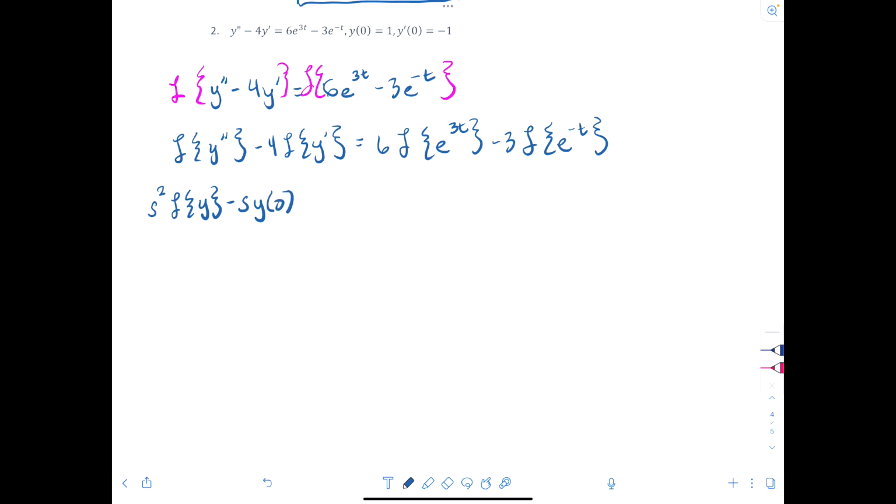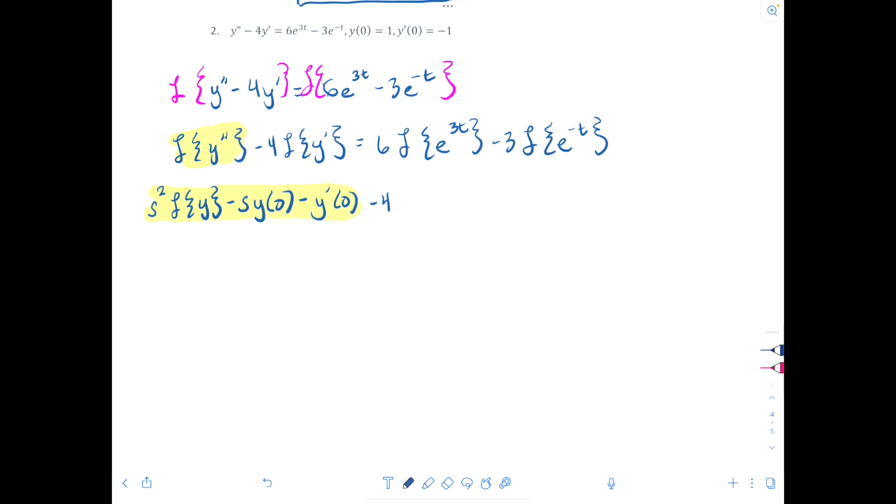This is all from that theorem we had in this section. And then minus y prime at 0. So this one here is all of this. Cool, cool?